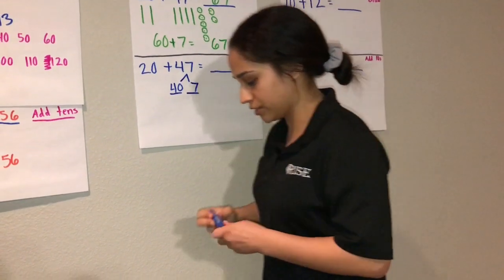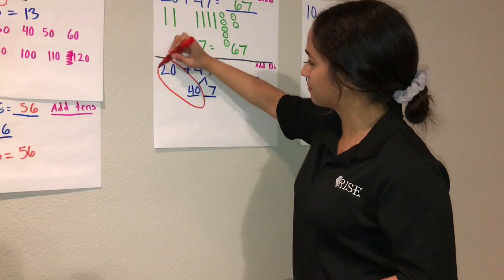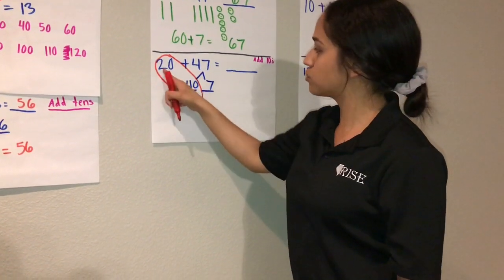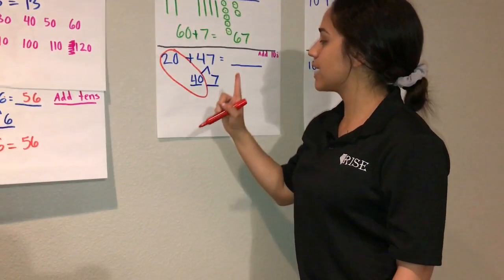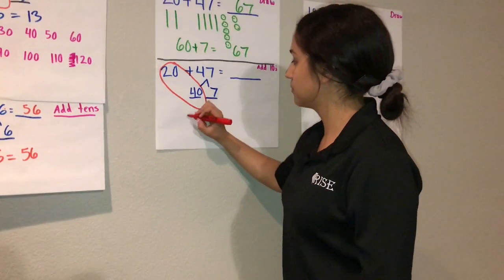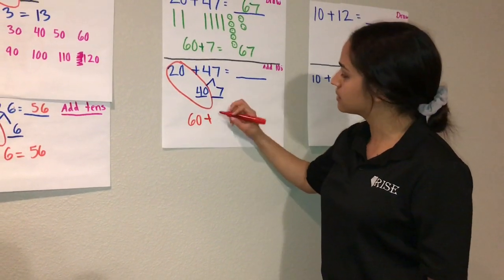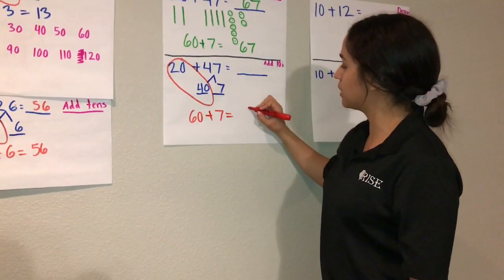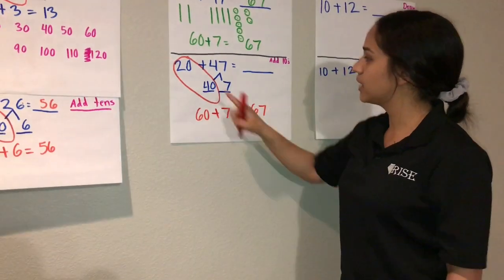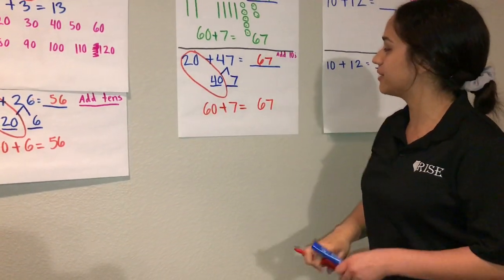Then I'm going to take my colorful marker so I can circle my tens. 40 plus 20 more. 10, 20, 30, 40, 50, 60. 60 plus, I can't forget about my ones. 60 plus 7 equals 67. 20 plus 47 equals 67.